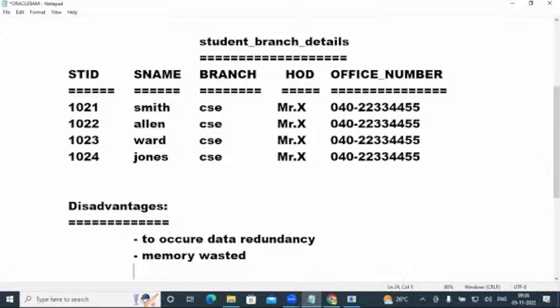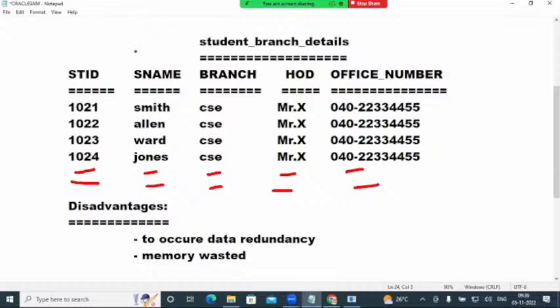Another problem is, suppose I have 4 students here, and one more student joins CSC, then I want to insert that student's information. Again one more student, like this. When the number of students increases, automatically my redundancy increases.